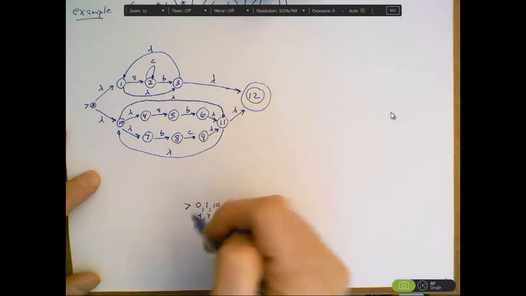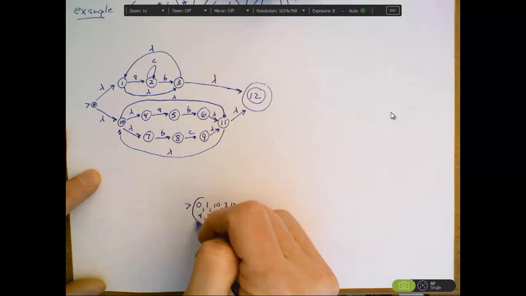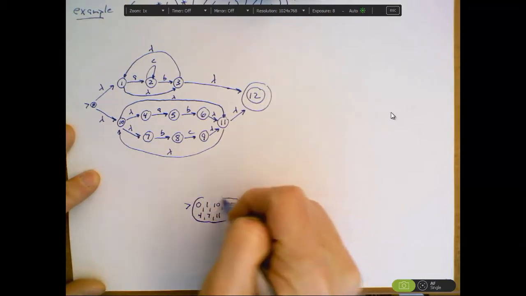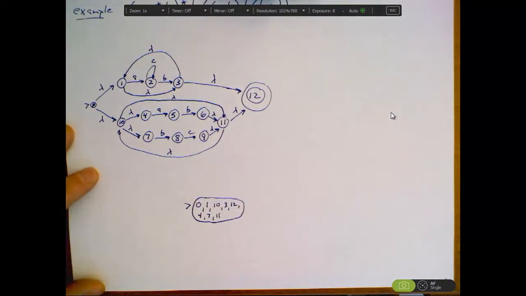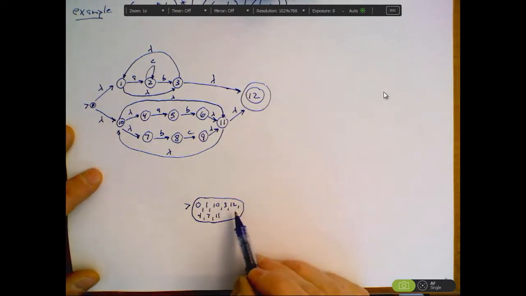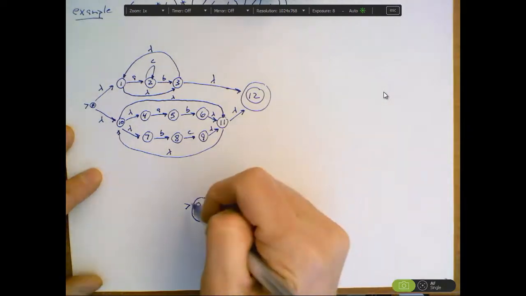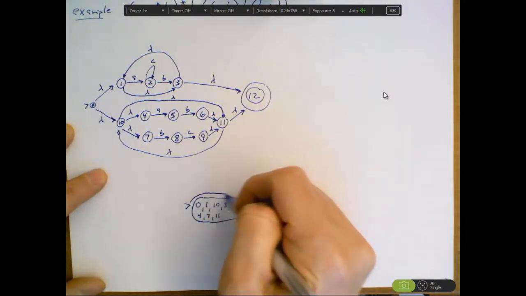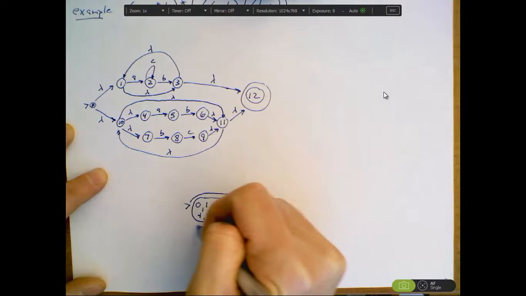So in fact, that's my start state in the deterministic machine. And again, it's modeling everywhere I can get to from the start state here without consuming any input. Okay. Now state 12 is a final state in the original machine, so this state has to be a final state also.